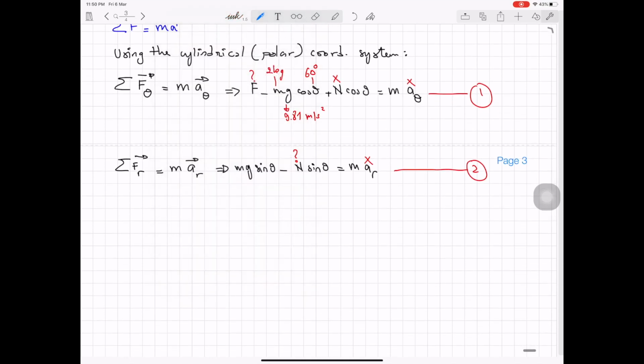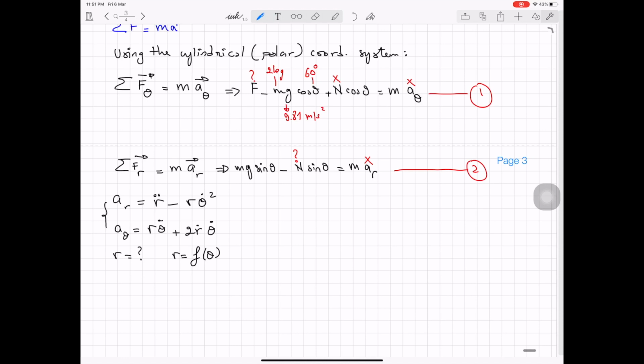Now we know from kinematics that AR is equal to R double dot minus R theta dot squared, and A theta, the transversal acceleration, is equal to R theta double dot plus 2R dot theta dot. Now R, they haven't given it to me. We don't know R. Imagine I have R as a function of theta, or as a function of time.